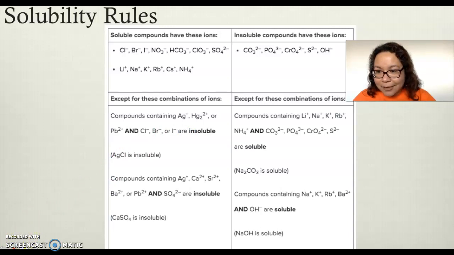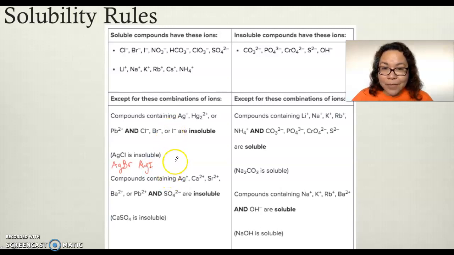Let's take a look. For example, if you mix silver with chloride, it'll form silver chloride, which is insoluble. If you mix silver with bromide, silver bromide, that's also insoluble. Also silver iodide.